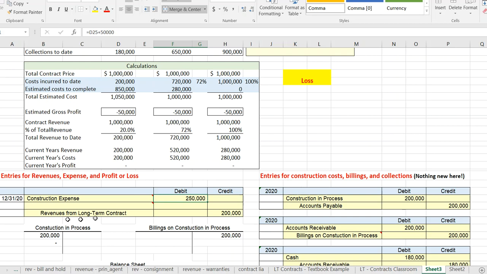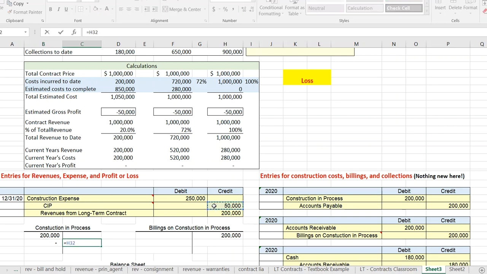Debits don't equal credits, so we need to credit something, and we will credit the exact same account, construction in process, for $50,000. So we've incurred $200,000 in cost, but we expect a $50,000 loss.